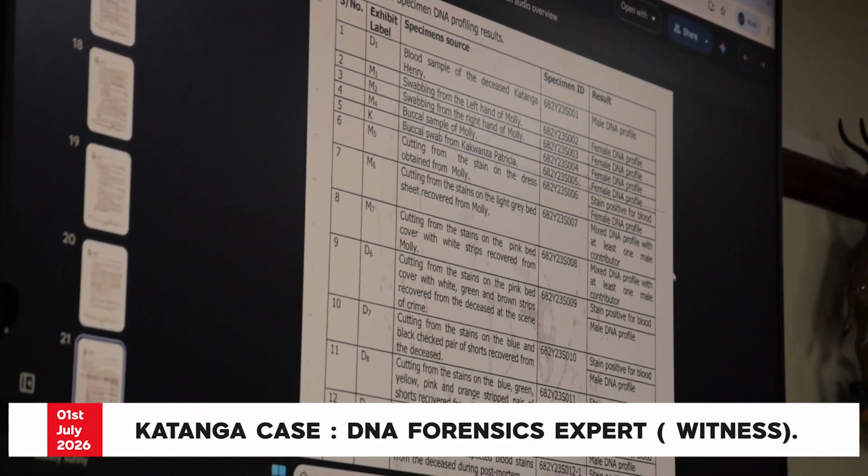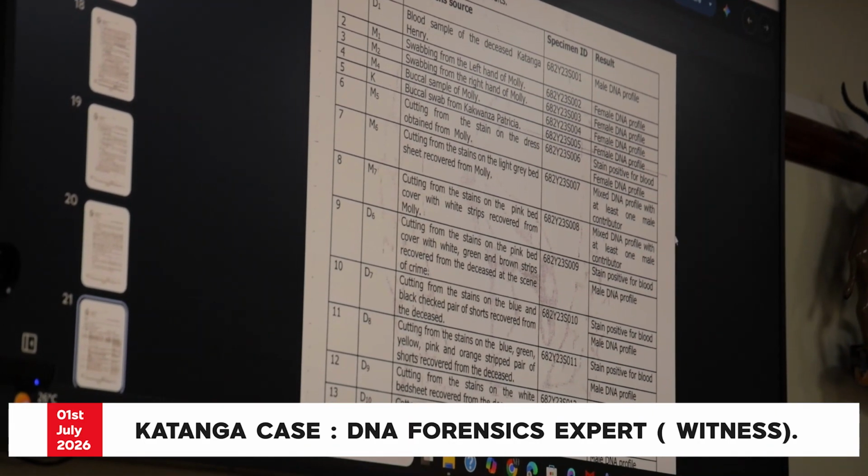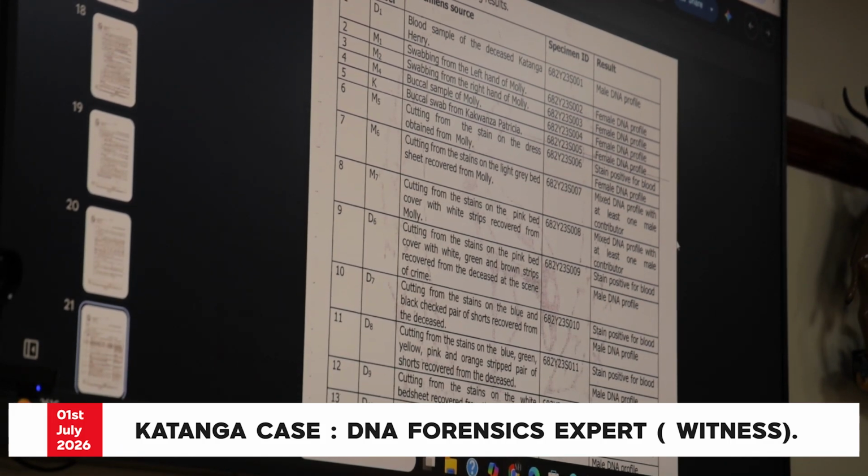And what about sample 5? Sample 5 is from Patricia, and that's the buccal swab. They were used as the main reference DNA profiles. So Molly and Patricia, the mouth, with Henry from a blood sample. And you explained to my lord why putting these samples together with the other exhibit samples is, according to you, extremely poor laboratory practice.